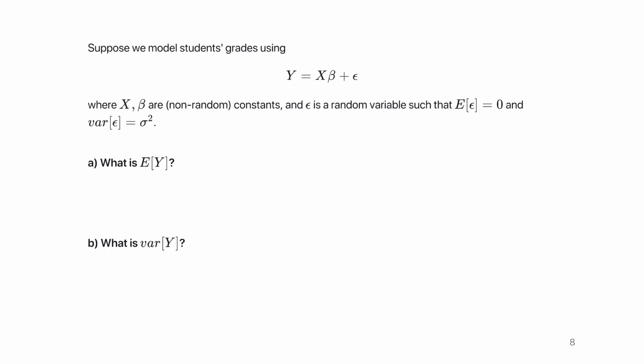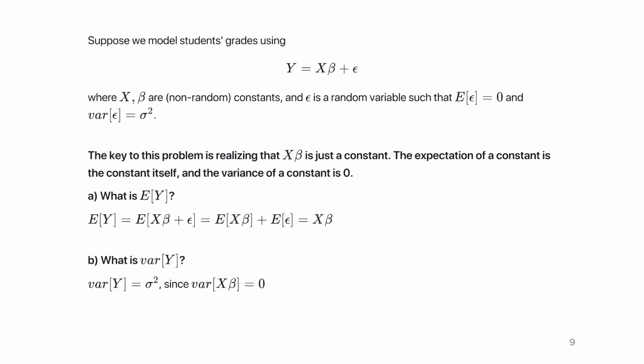Okay, so for this question, the key is that since x and beta are non-random constants, their product is also a constant, and epsilon is the only thing that's random. So if we're trying to find the expectation of y, that's the same as the expectation of x beta plus epsilon by definition.